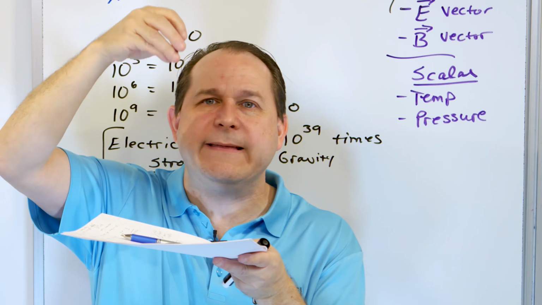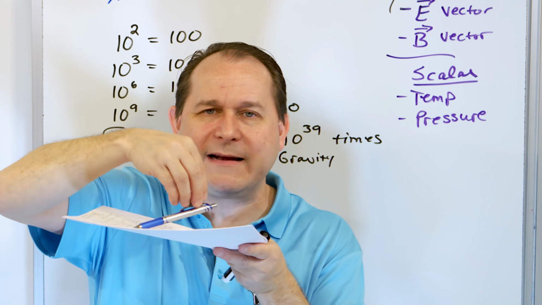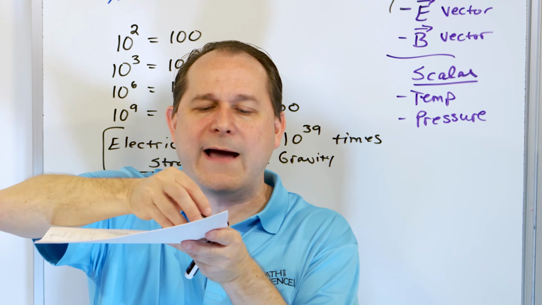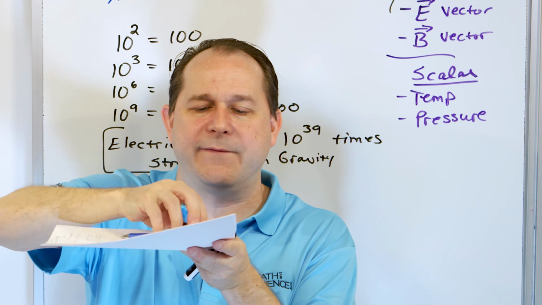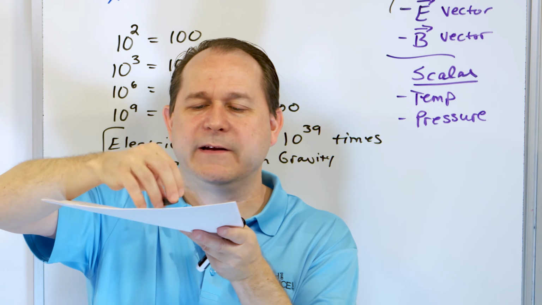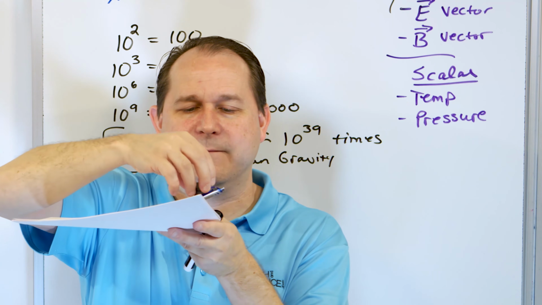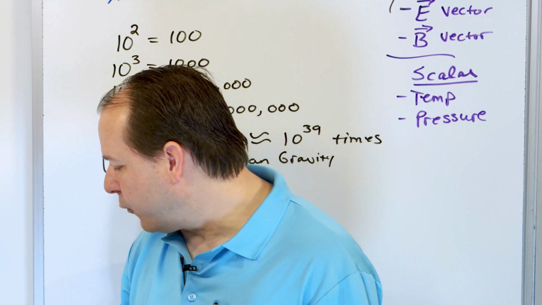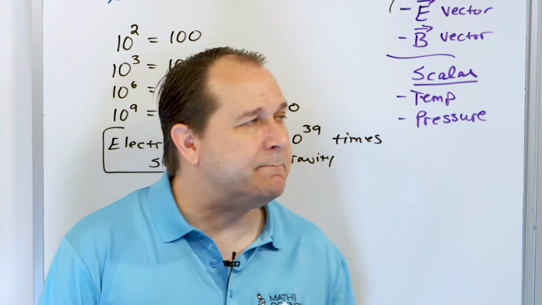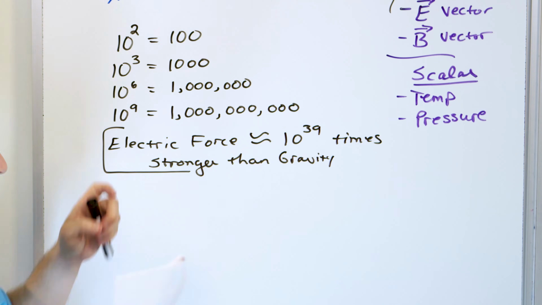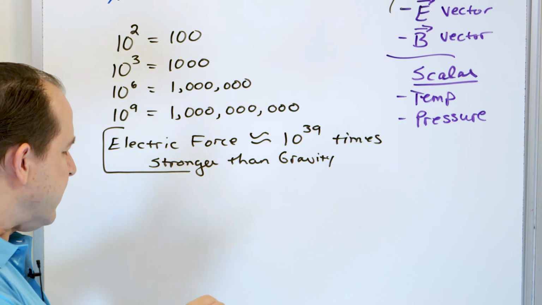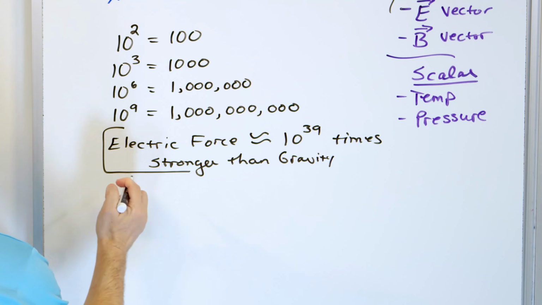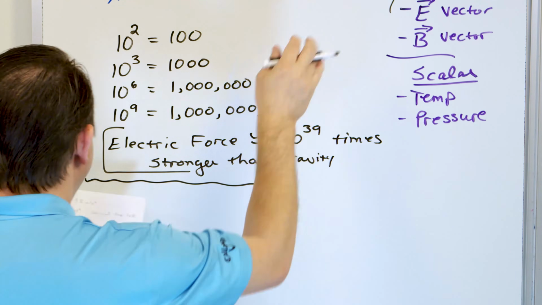But this little bitty thing right here, the force of magnetism, is so much stronger than gravity that it can overpower that, if I can get it to orient right, and lift it up. You get the idea. Because why? The electric forces and the magnetic forces are millions and millions of times stronger than gravity.